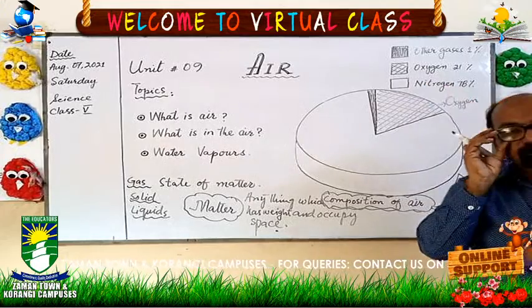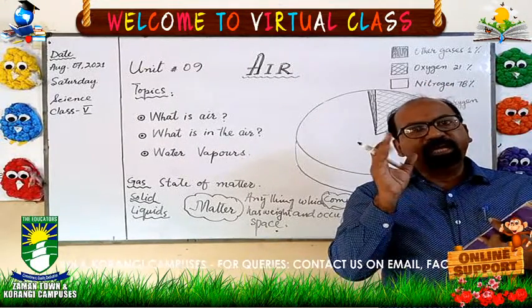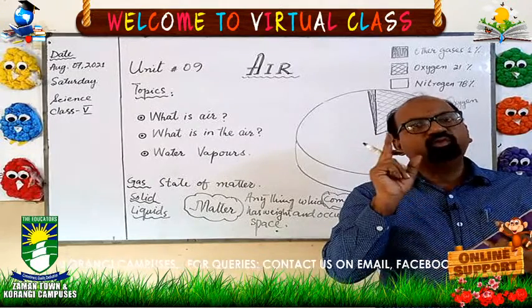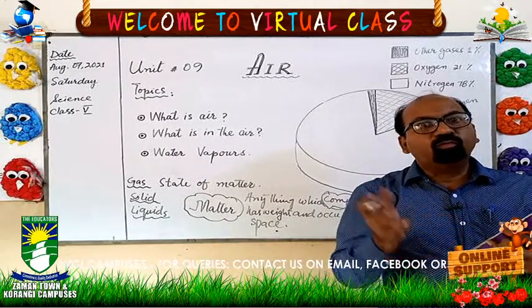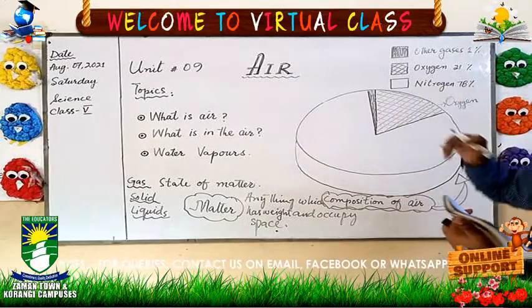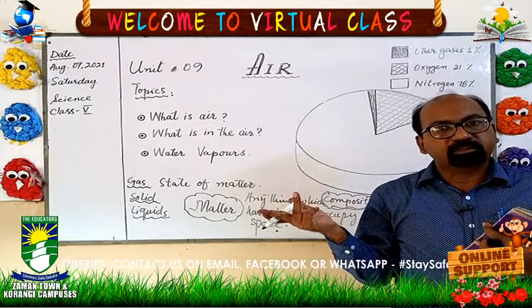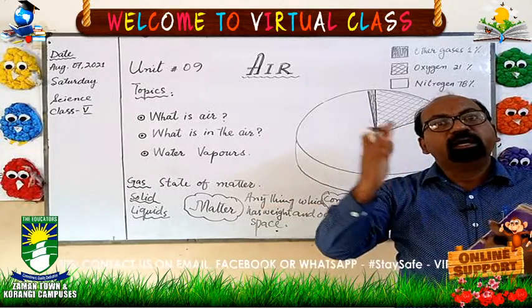It means that the air we breathe in only has 21% oxygen. So what is the other 79%? These are other gases.